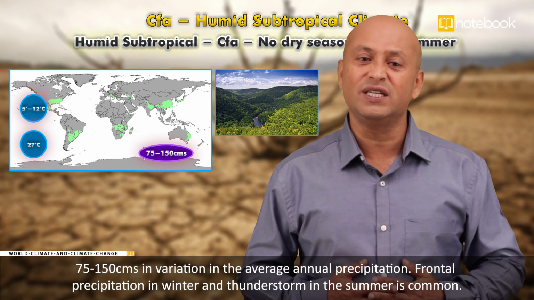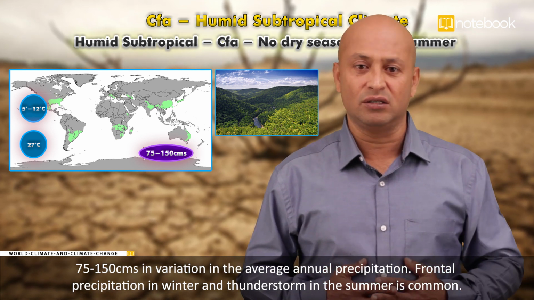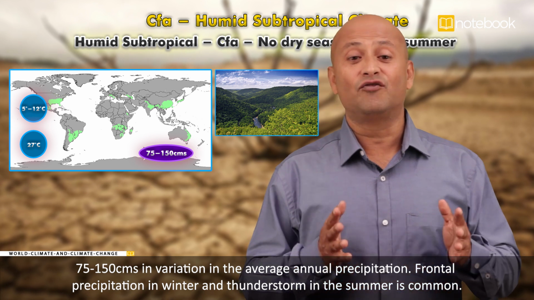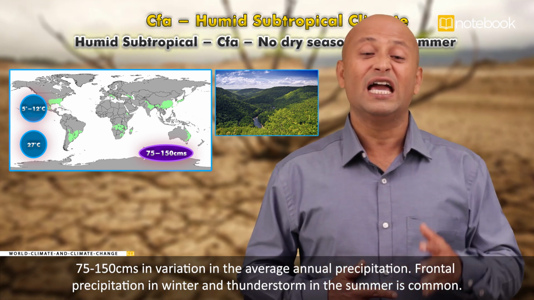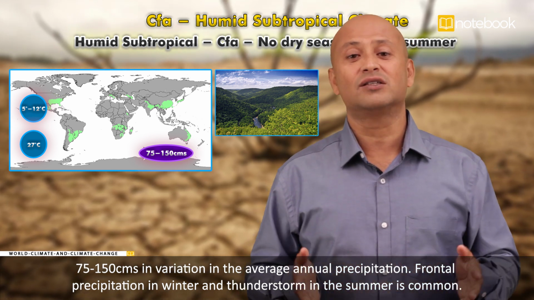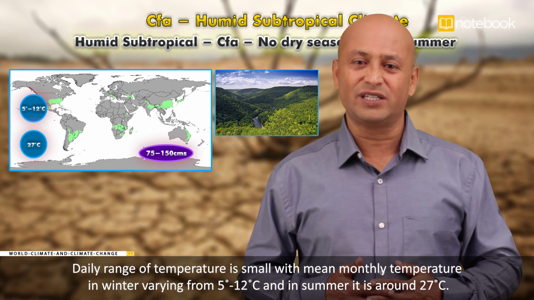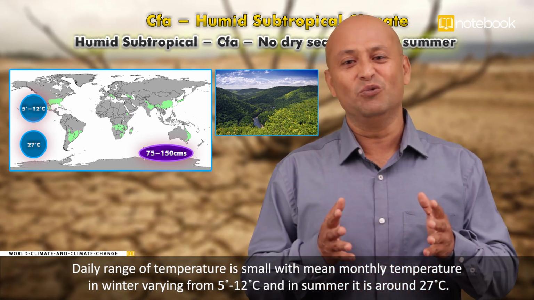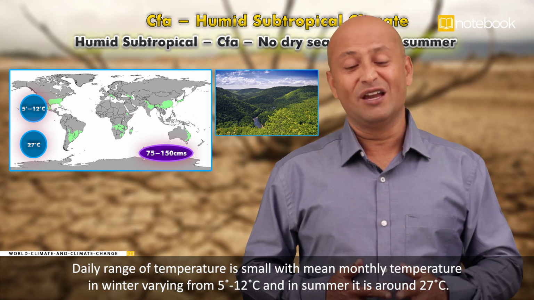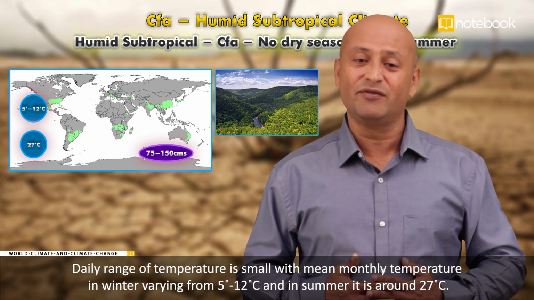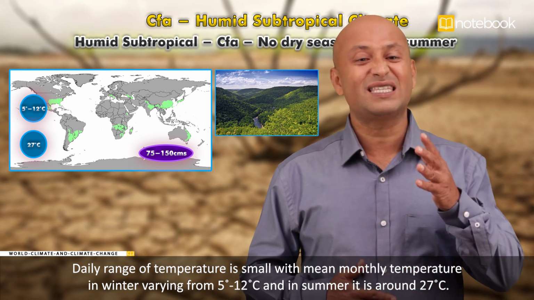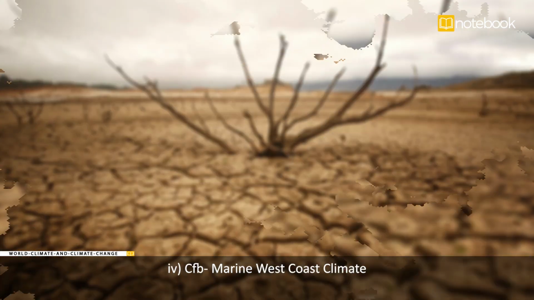Average annual precipitation varies from 75 to 150 centimeters. Frontal precipitation in winter and thunderstorms in the summer are common. Daily range of temperature is small, with mean monthly temperature in winter varying from 5 degrees to 12 degrees Celsius, and in summer it is around 27 degrees Celsius.